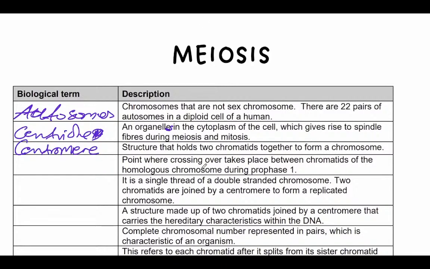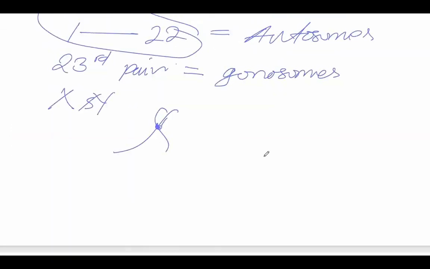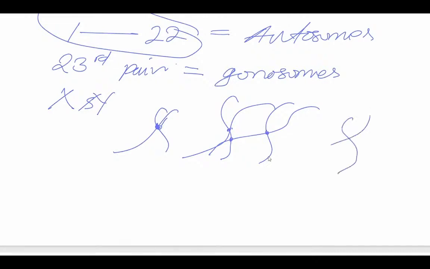Next: the point where crossing over takes place between the chromatids of the homologous chromosomes. This is where the exchange of genetic material happens in prophase 1. So here they are saying that you have a chromosome and another chromosome. So you have this point and you have this point. Let me draw it nicely. It can happen on top or it can happen on bottom.